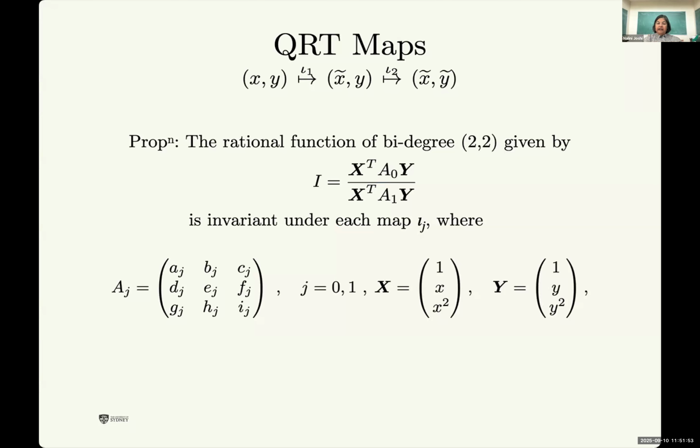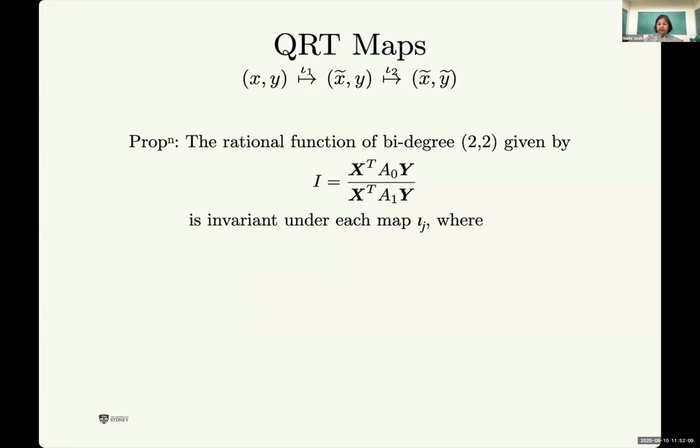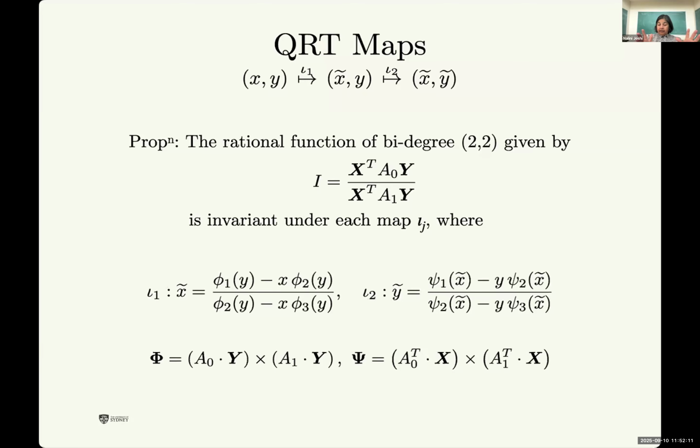And that mapping has an invariant, which is written in this form, with capital X and capital Y being vectors that are quadratic in each variable. So that's a lovely story. First of all, I'm sorry, I skipped the fact that the maps can also be written down explicitly in terms of components of these cross products.